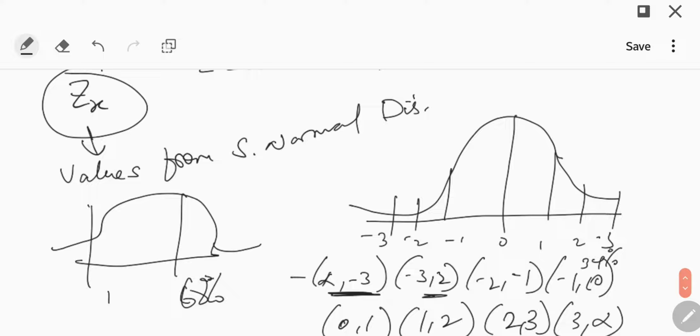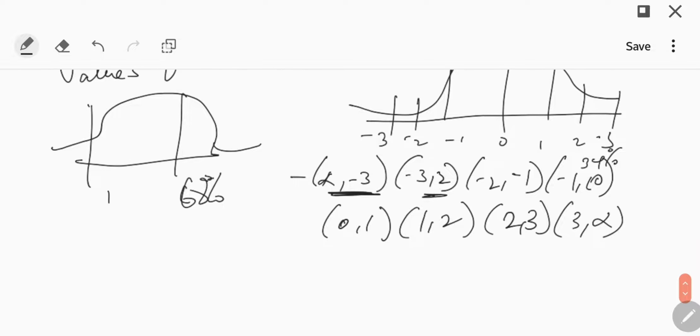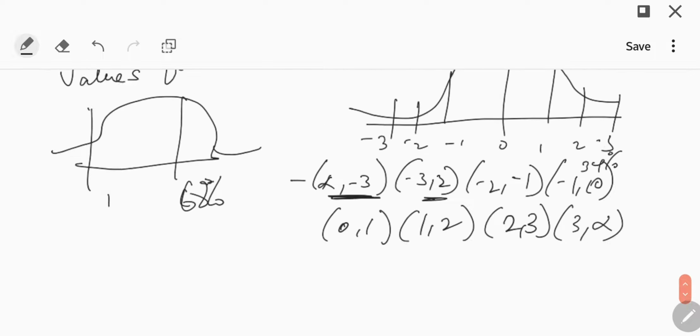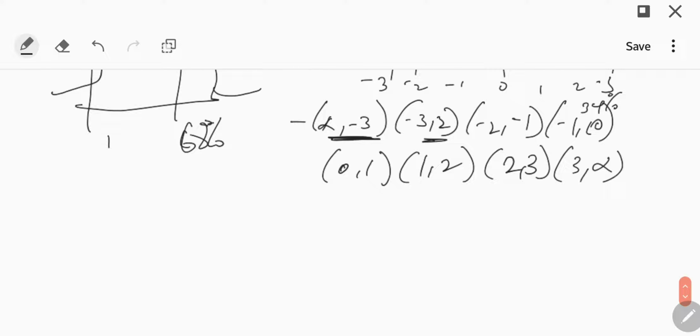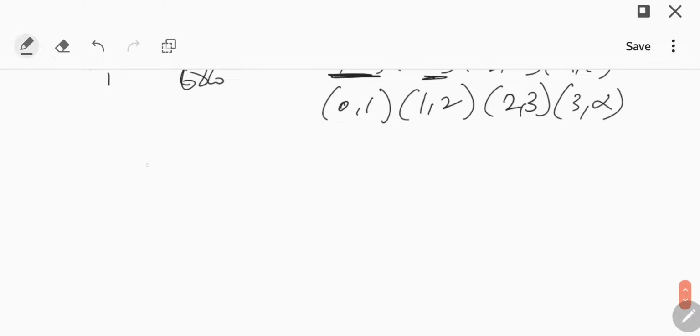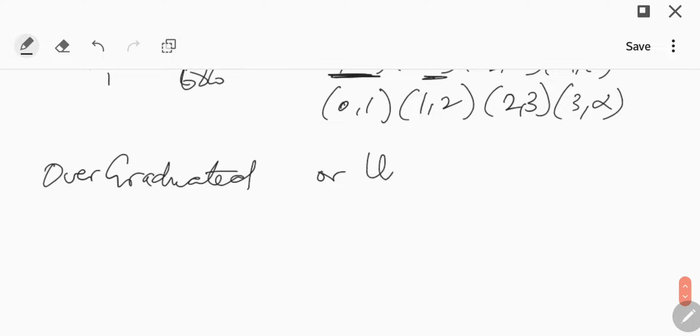So this is how you do the standardized deviations test. So now we look at what? Overgraduated or undergraduated.